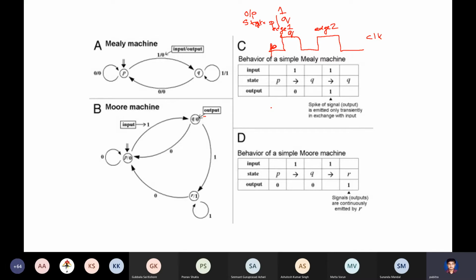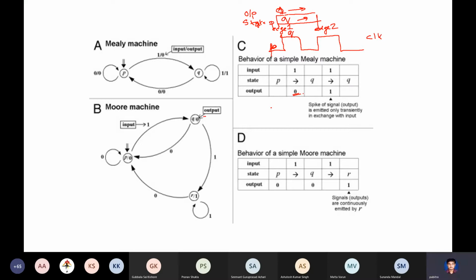Okay, so now the system continues to be in state Q till the next stage. Sorry, the output was 0.